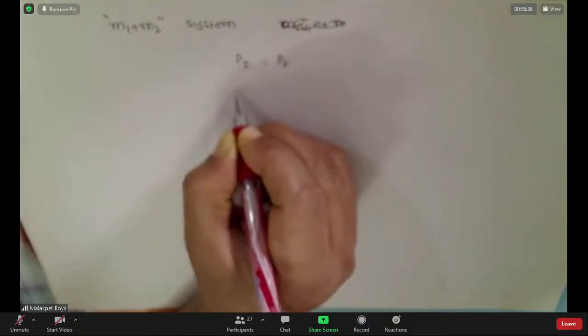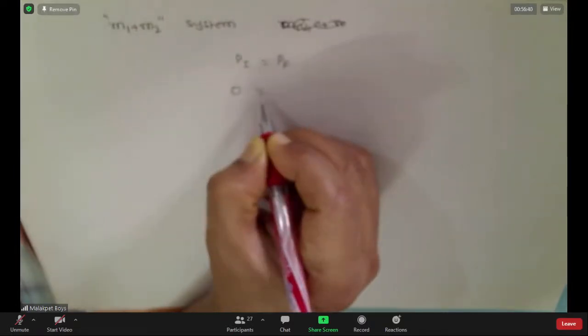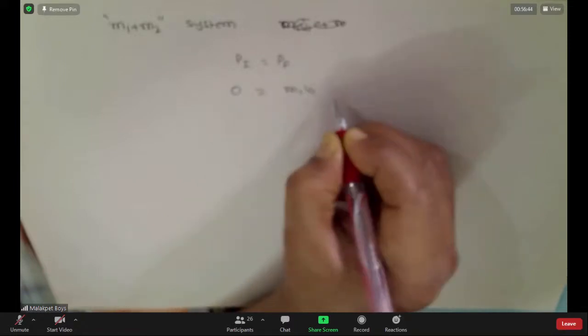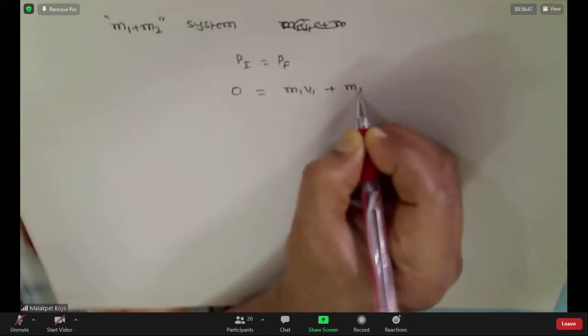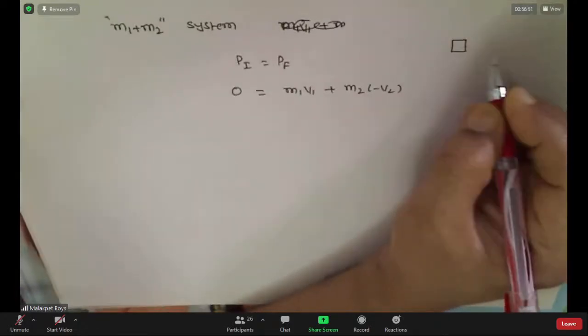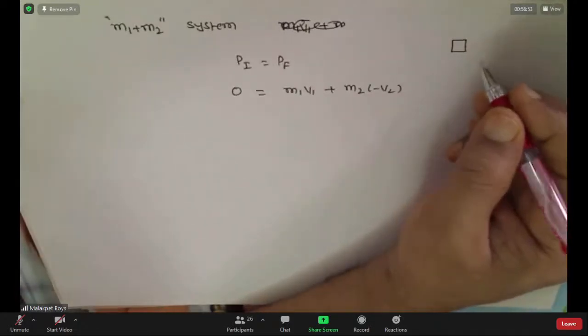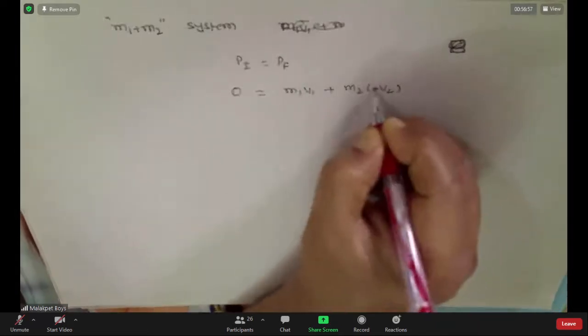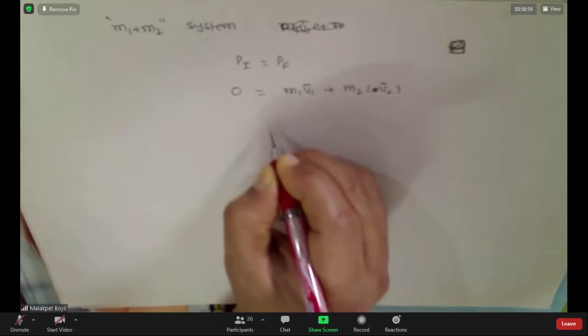Initially both are at rest. Finally, they move in opposite directions, due to spring force. Agreed. Suppose if you don't know this, you just keep it like this, no problem.